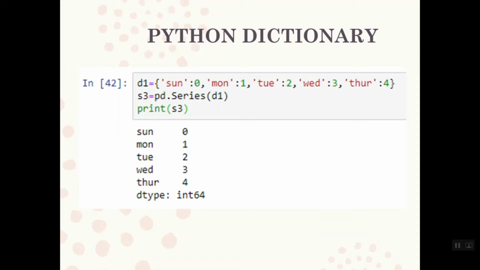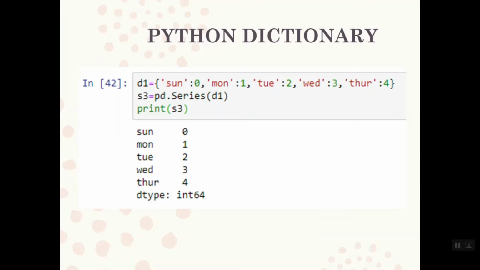Now, a Python dictionary also helps in the creation of a series. We'll just create a dictionary with keys and values. Here the keys of the dictionary will act as the index for the series and the values will be the columnar values for the index.